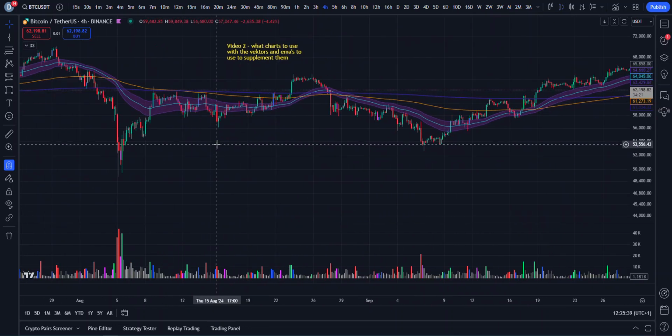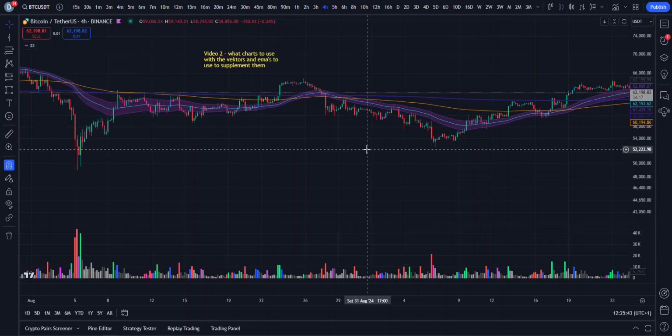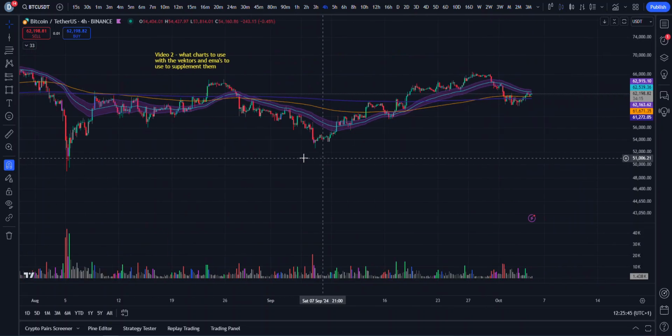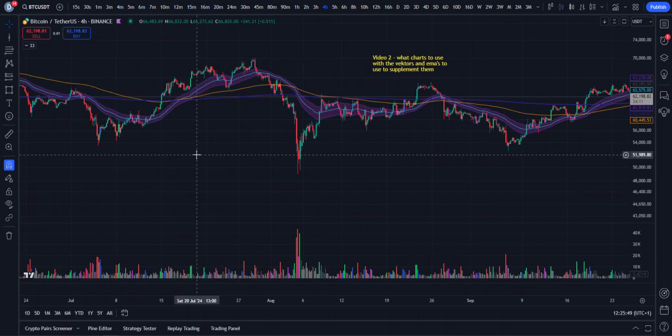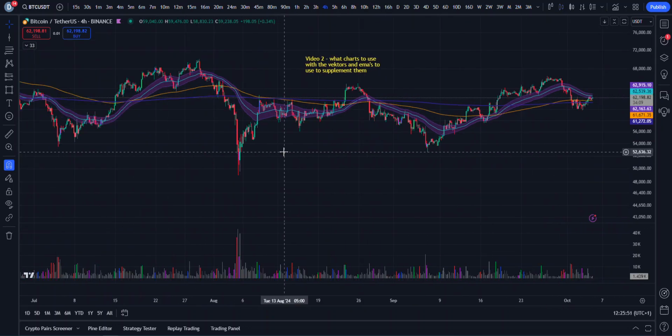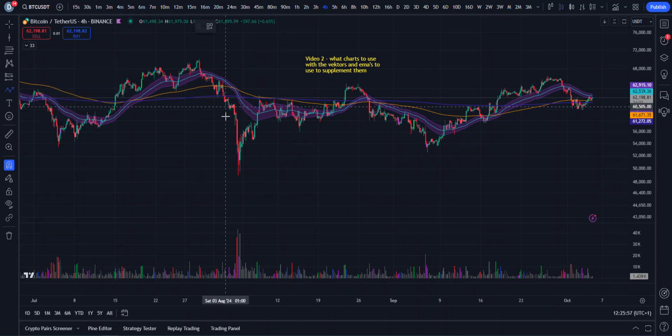So generally what I would do on the 4 hour is look for things known as M's and W's, as well as tracking volume. Obviously this is also a strategy, but I'm just showing for now how the vectors will work. So you're always looking for reversals.